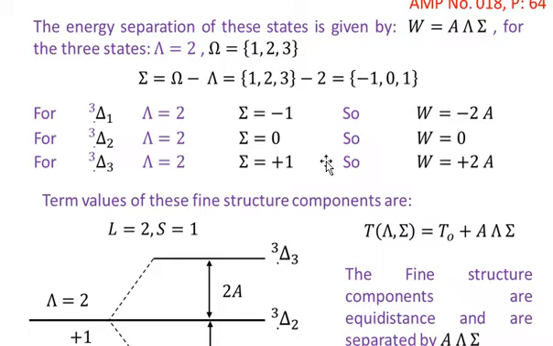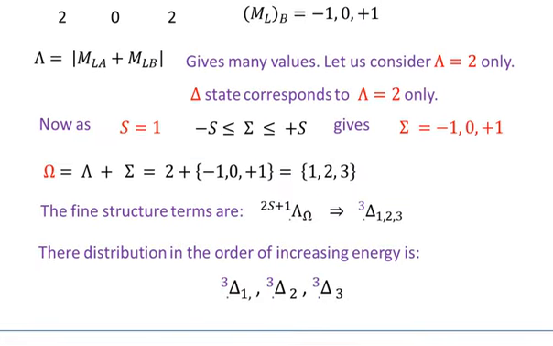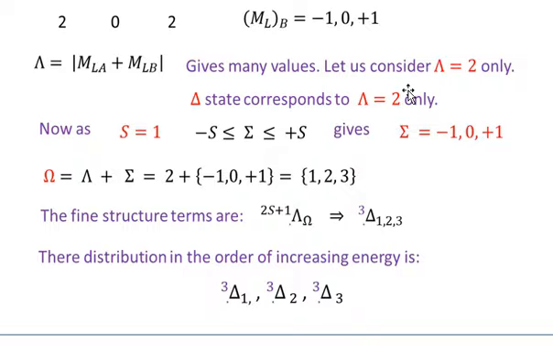You know that these are the values of sigma which were used in order to constitute the state of the molecule. For example, when you use -1, you will get delta 1. When you use 0, you will get delta 2. When you use +1, you will get delta 3. So 1, 2, 3 means -1, 0, and +1.